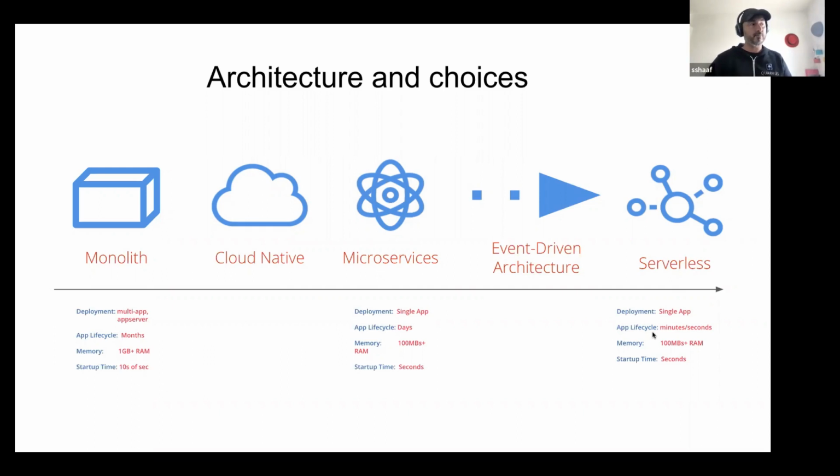But from an architectural choice perspective, if I look at the most recent, of course, we can go further back from the monolith as well. A monolith app is like an application server like JBoss, where your application requires maybe a couple of gigabytes of memory, and the startup time could be seconds or minutes.